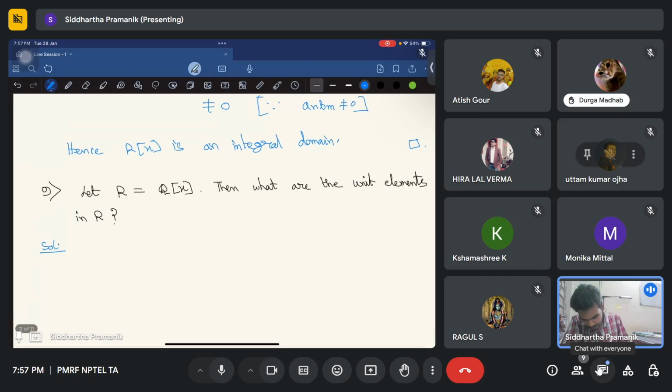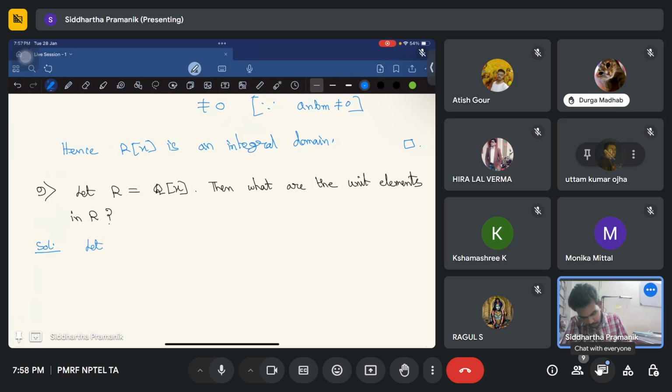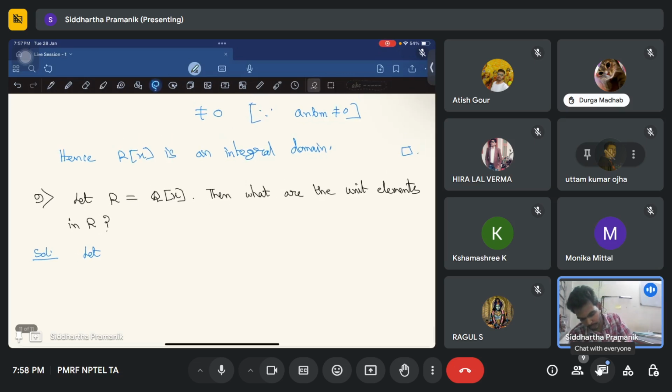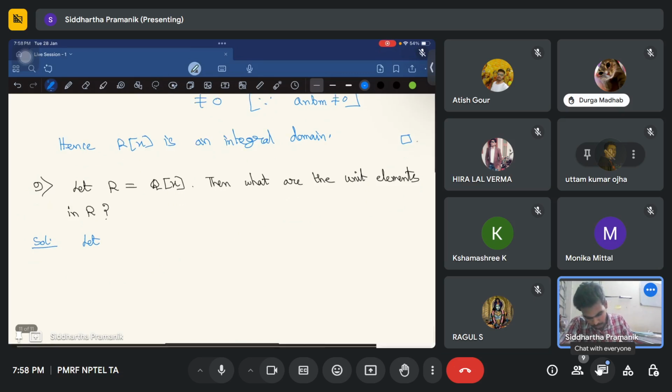In this problem I will be using one fact about the degree of polynomials. I will mention it as we go.